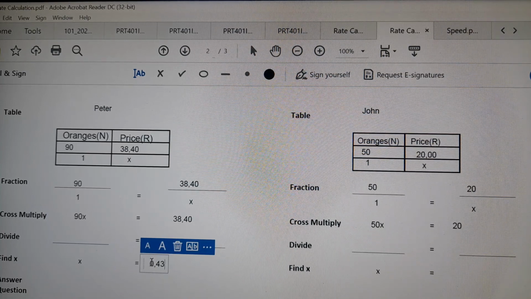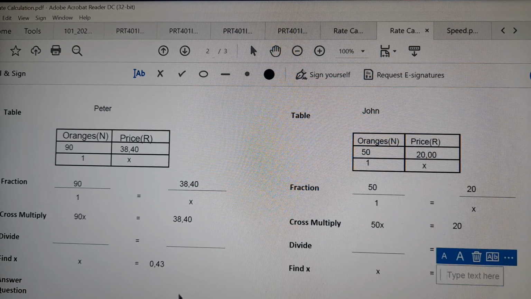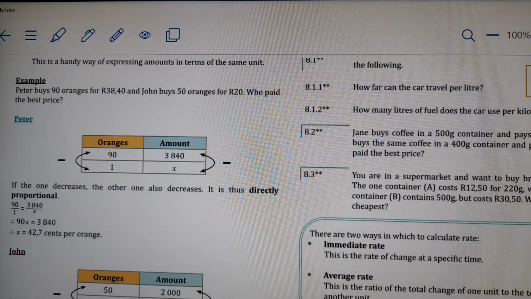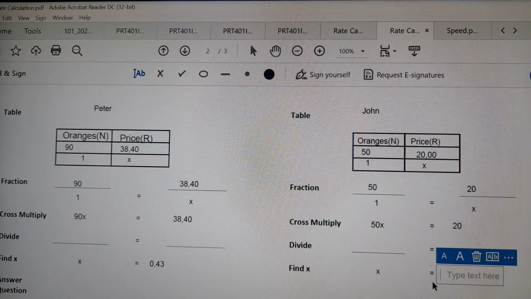Let me do 38.4 divided by 90 in my calculator, and I get 0.43. And on this side I will divide by 50. Let's go to the calculator: 20 divided by 50, and I get 0.4.